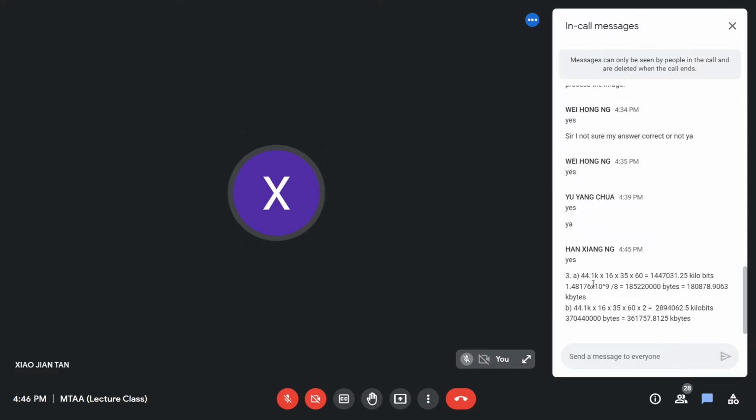Multiplied by 60, multiplied by 35, multiplied by 60, divided by 8. Do we need to divide by 8? When you divide by 8, you are converting to bytes.